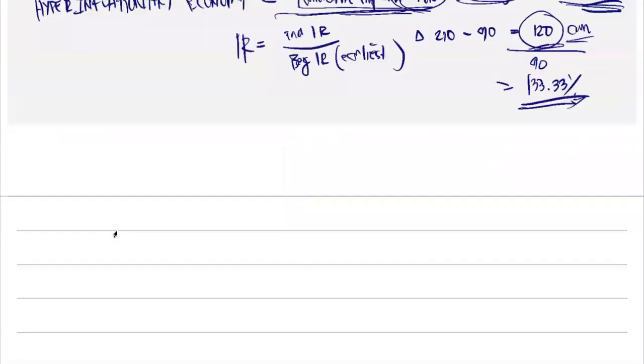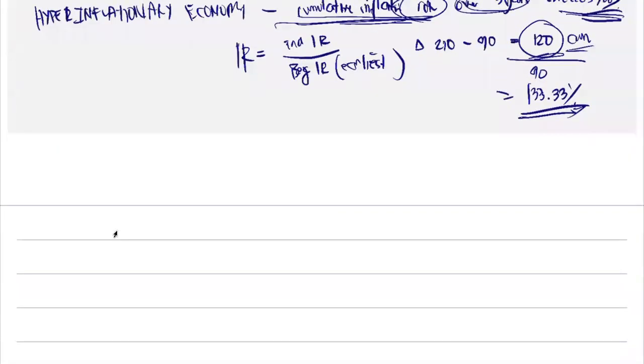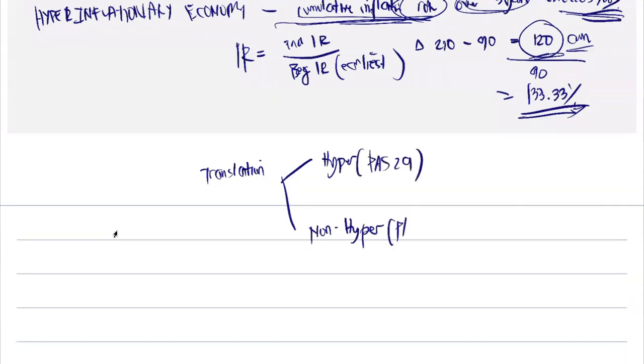So let's recap everything that we have learned under your translation of foreign operation. So how do we translate? Depending whether it is hyperinflationary or non-hyperinflationary. If it's hyperinflationary, we use PAS 29. If non-hyper, we use PAS 21. So under hyper, we use your restatement method.